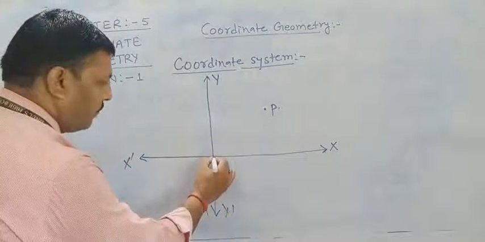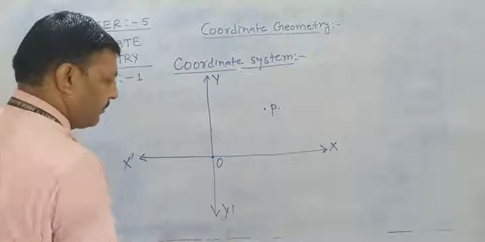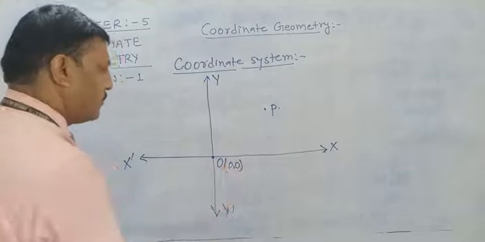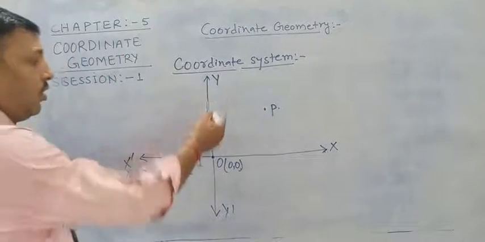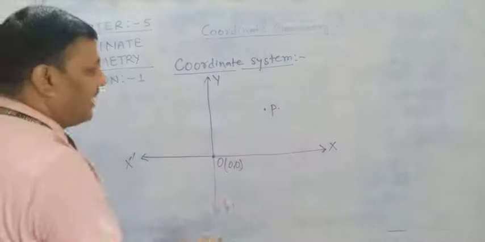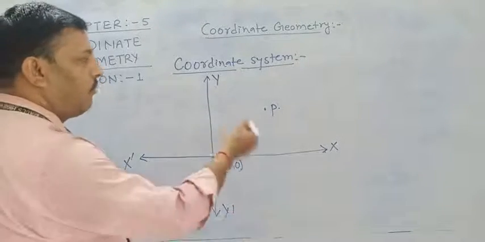The point of intersection of these two axes is called the origin, and its coordinate value is (0, 0). These two mutually perpendicular lines are used as the reference to locate the point.